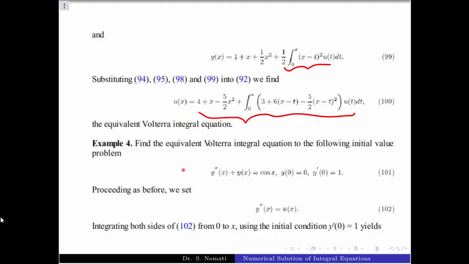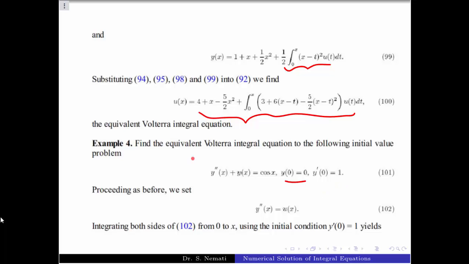In the next example, we have a differential equation of order 2, as you can see here. The second derivative of y plus y equals cosine of x with initial conditions, and the value is 1.